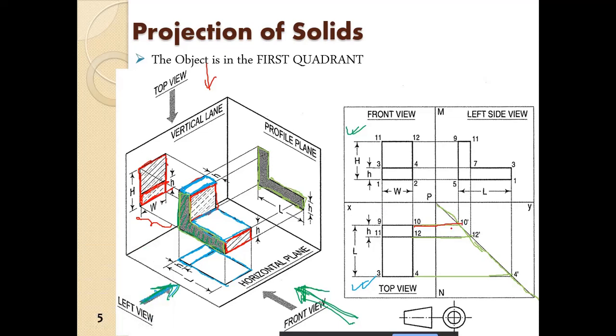Then from the points of intersection you can project vertically upward, and from the front view you can project horizontally, just like we did with the planes, right?